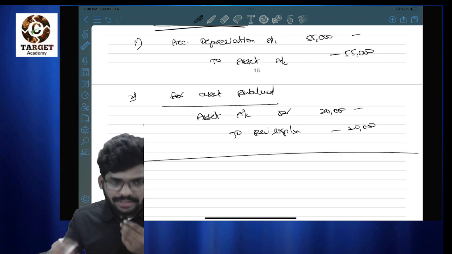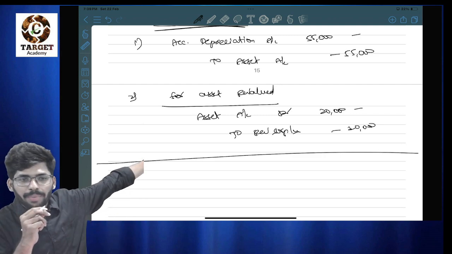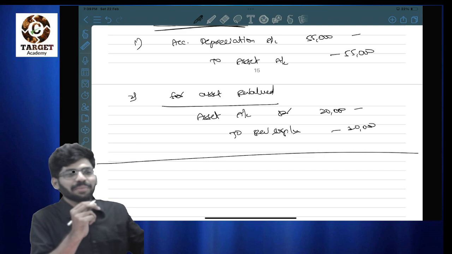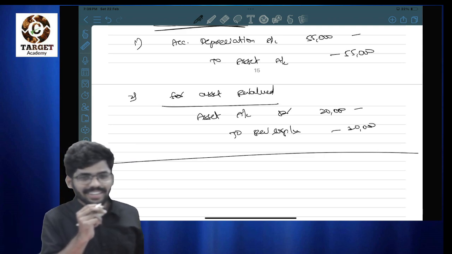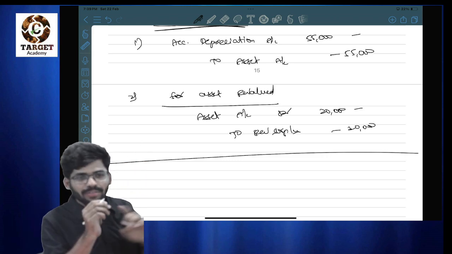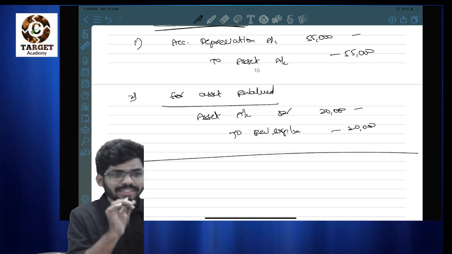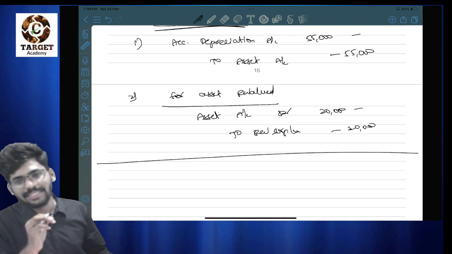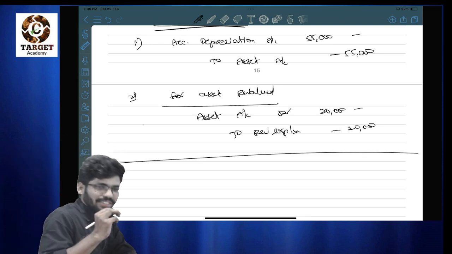Students will easily write this part. The first part they will write, but they don't know which is the elimination approach and which is the restatement approach. Correct or not? So everyone can do this. So they will get half of the marks. Out of 7 marks, they will get 3.5. So they will leave the question.